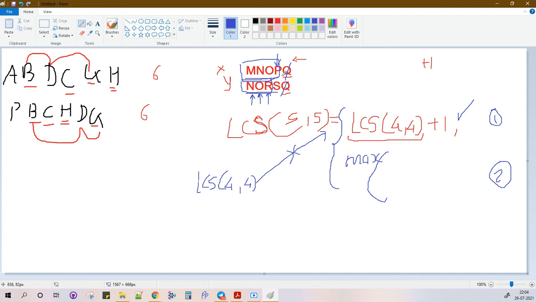So the first problem I will solve is LCS of M and OP, taking four elements from the first array and three elements from the second array. And now first we see if we are able to find P or not, but again we need to check for S also, correct?